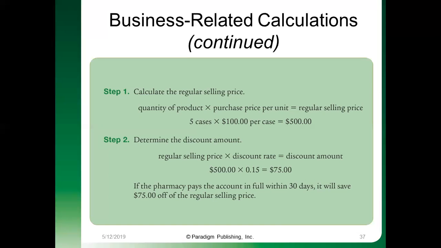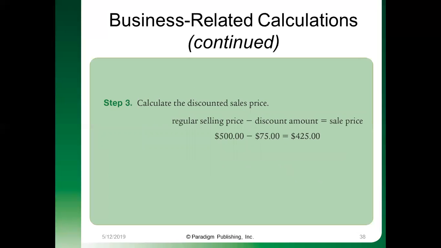So if the pharmacy pays the account in full within the discount period, it will save $75 off the regular selling price of the medication. Now calculate the discount sale price. So the regular selling price minus the discount. So 500 minus 75 will give us $425, which is the sale price.